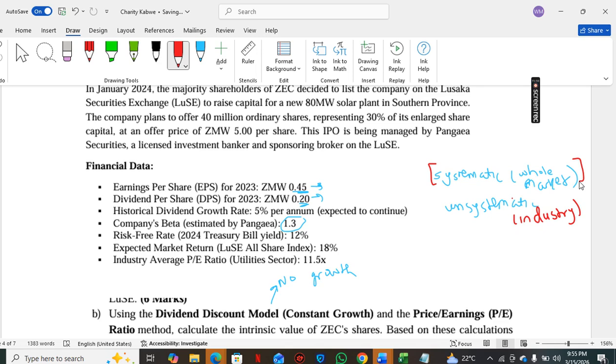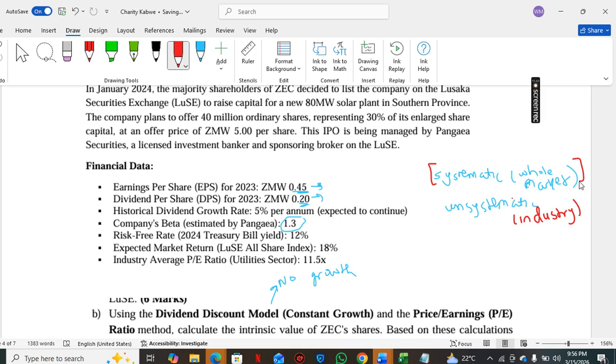And remember, in the investing game, the higher the risk, the higher the returns. For someone to invest in ZEC, a new company that's coming on the securities exchange, it's a risk for them. Because let's say this company buys this new plant in the southern province, starts working, and then it starts making losses. It means if it makes losses, you won't earn any dividend, because it's a new company coming in, so you'll be a bit skeptical.